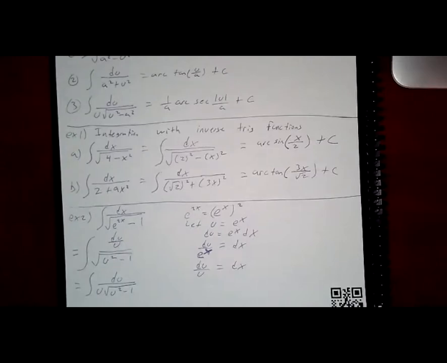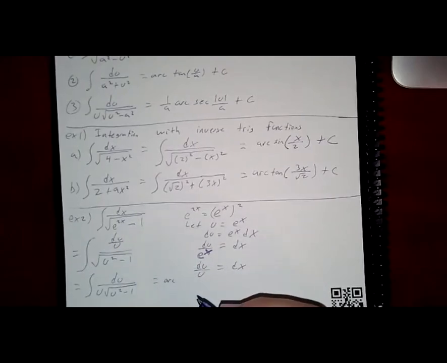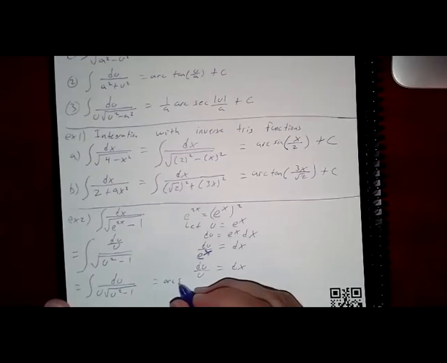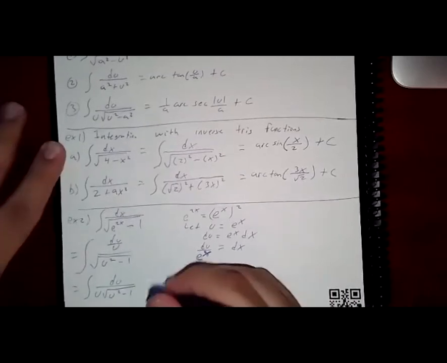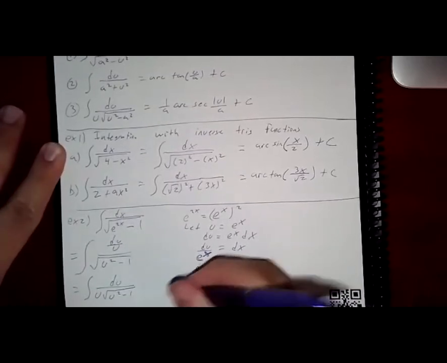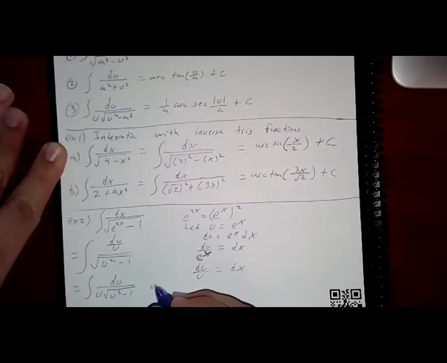It wasn't obvious at all, but we did have a hint that it should be number 3 because the variable part was first. Then we get arc secant of e to the x. Let me write it down here. Arc secant of u.